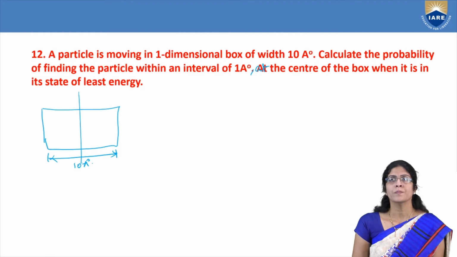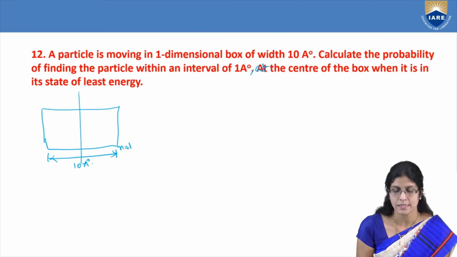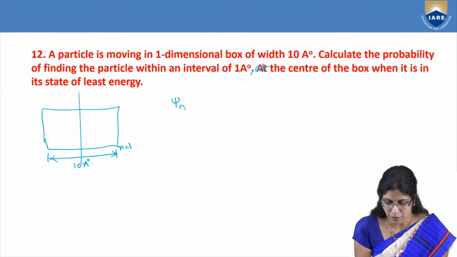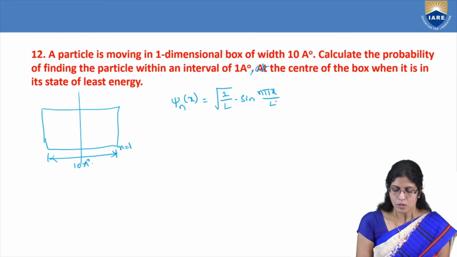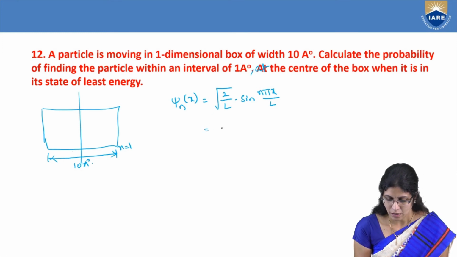Okay, so when it is in the least state of energy means n is equal to 1. So we know the function psi of x is equal to under root of 2 by L times sin of n pi x by L. So if I substitute the given conditions, what is it?